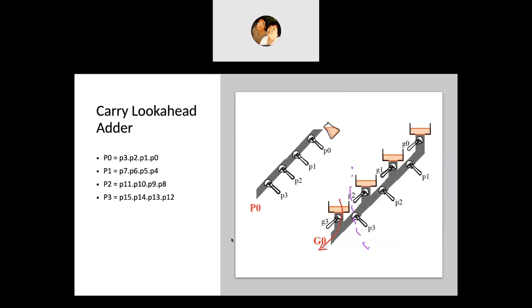No matter what the values of P3, P2, or P1, or G2, G1, and G0, if we have G3 as 1, we can get G0 as 1 immediately. This is why we call G3 the generate, because it can generate this value by itself. It does not have to wait for anything else.